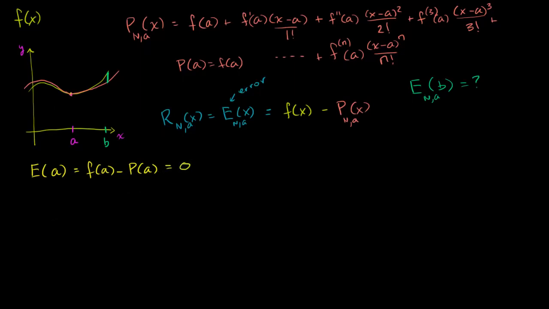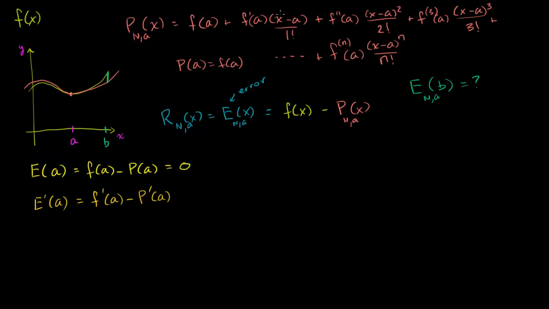Now let's think about something else. Let's think about what the derivative of the error function evaluated at a is. Well, that's going to be the derivative of our function at a minus the first derivative of our polynomial at a. And if this is higher than degree 1, we know that these derivatives are going to be the same at a.